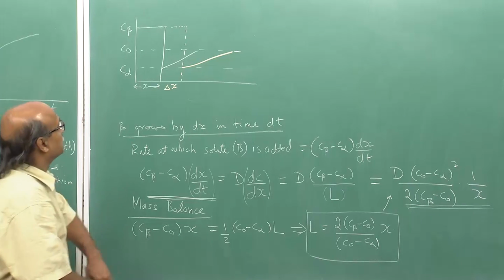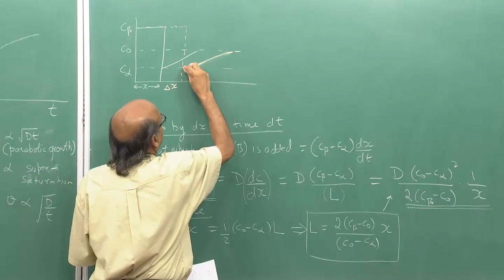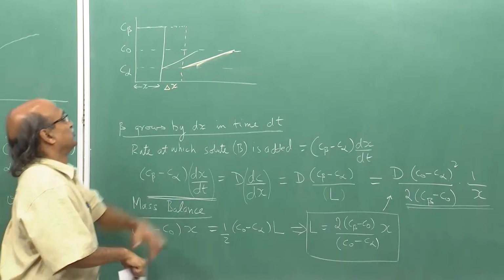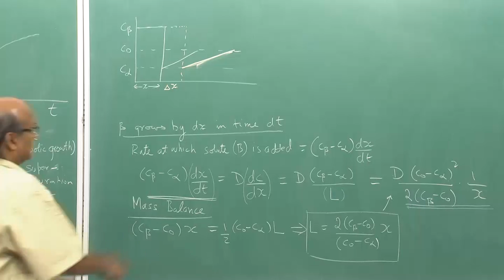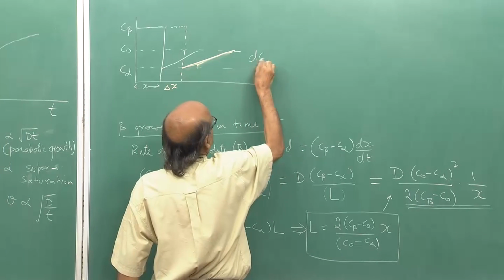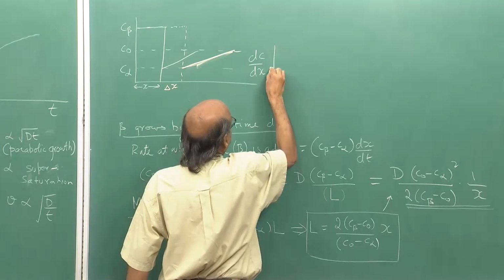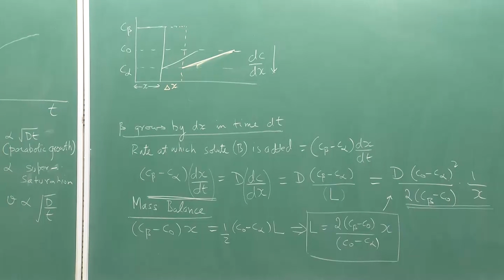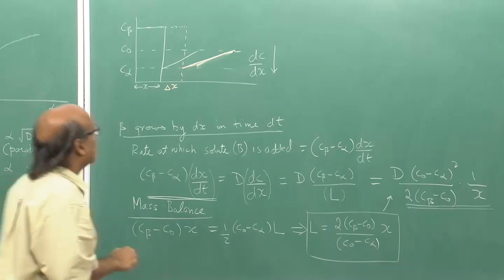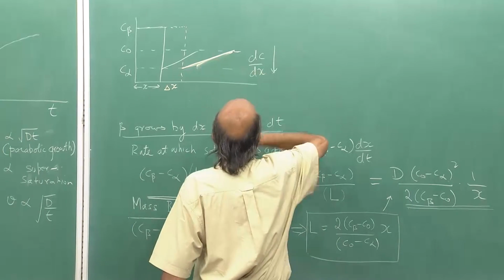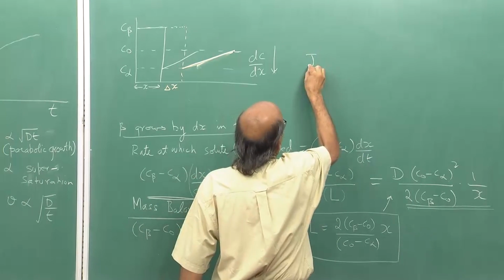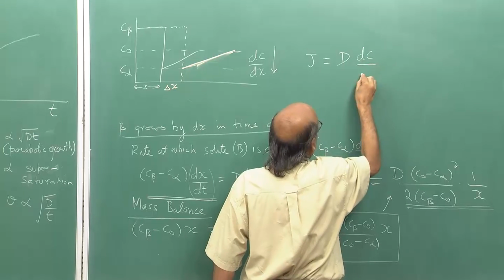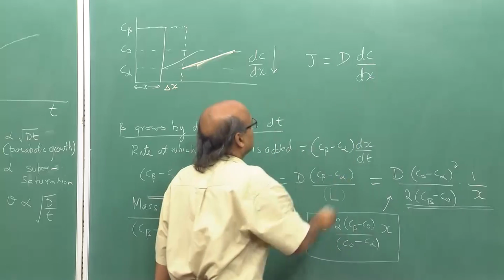The slope, this is a straight line, that the slope will reduce, that is dC by dx reduces with time. As dC by dx reduces with time, remember the flux which is given by diffusion coefficient times the gradient of concentration.